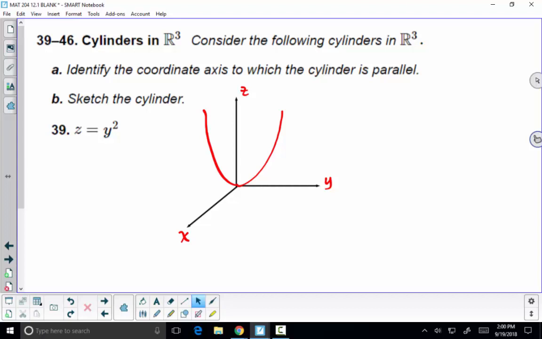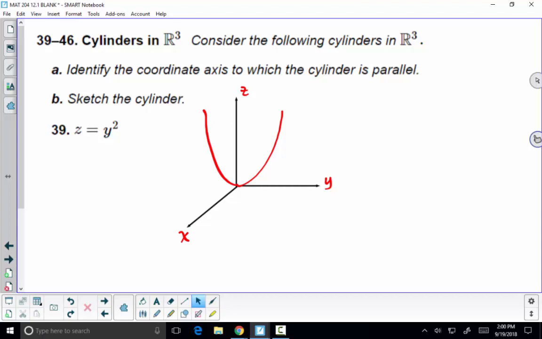Because this tells us the relationship between z and y. This says that z has to equal y squared no matter what. So if you look at any one of those points on this parabola, z is going to be equal to y squared. What does it tell you about x? Nothing.